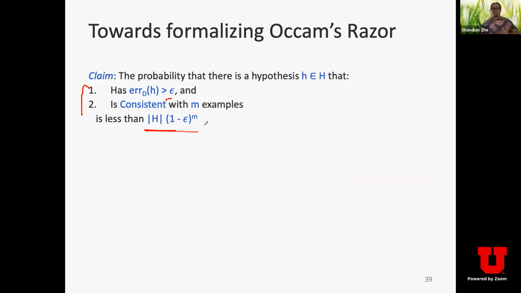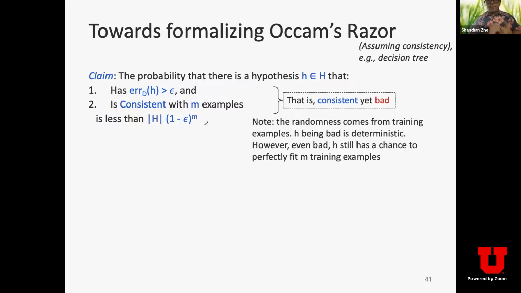So basically, it tells you, you find a hypothesis that is consistent with the training data, yet generalizes badly. And why do we treat this as a random event? The reason is that your training data, the M examples, are random. Imagine your training procedure is that I feed my M randomly generated examples to my learning algorithm, and guided by this training set, I search for some hypothesis.